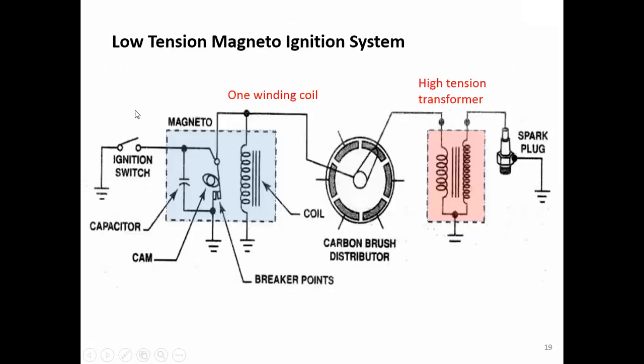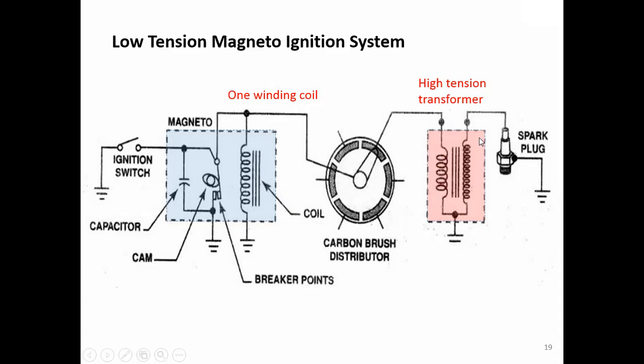So the system looks like this. In the magneto here, we have only one winding. Because of one winding, we have the low voltage go to the distributor. This will help minimize the chance of the flashover that may happen in the distributor. Then the rotor makes contact with the contact point and sends the low voltage current to the primary winding in the transformer.